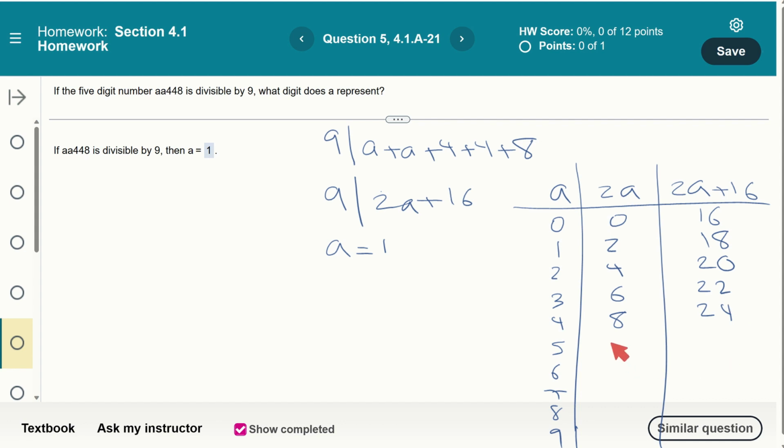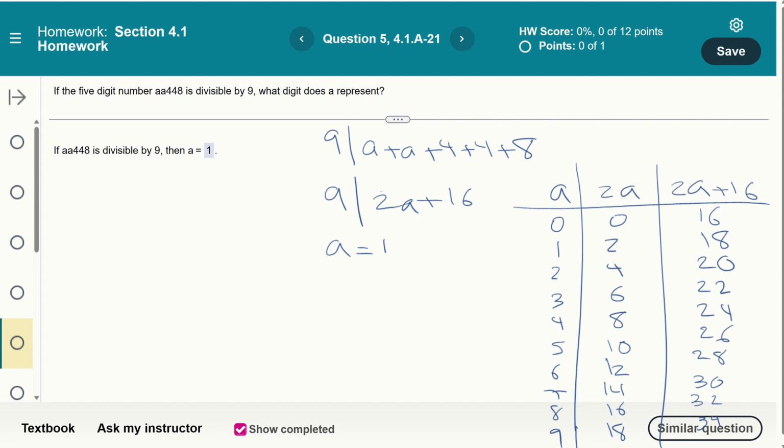Notice the pattern. The next one is going to be 10, 12, 14, 16, 18, and these are going to go up by 2 as well, right? So 10 and 16 is 26, 28, 30, 32, and 34, right?